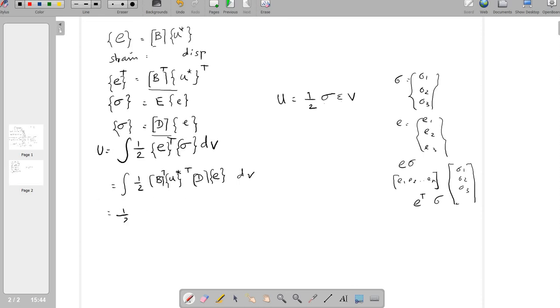So it is half into U star transpose integration of B transpose DE. We are going to separate these scalar quantities separately. So now I am going to replace U star with W star.